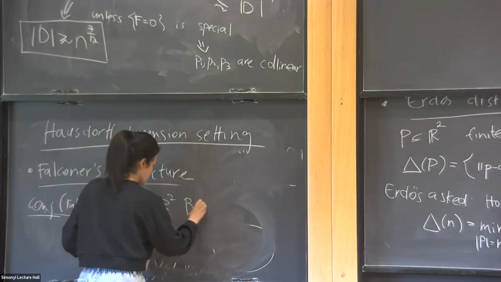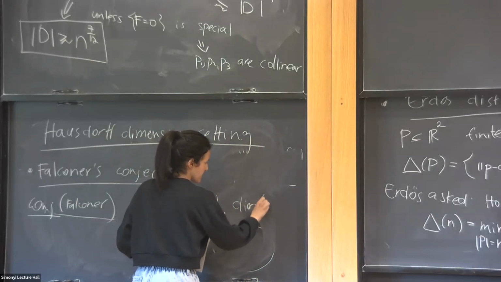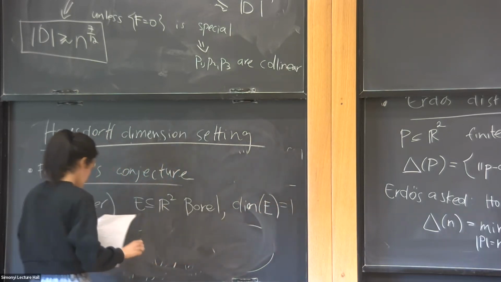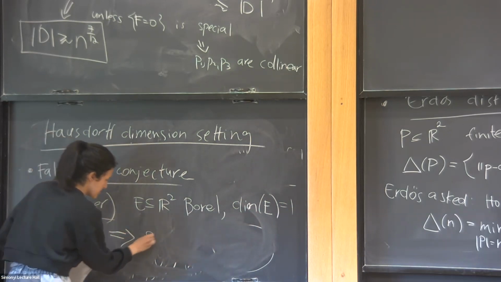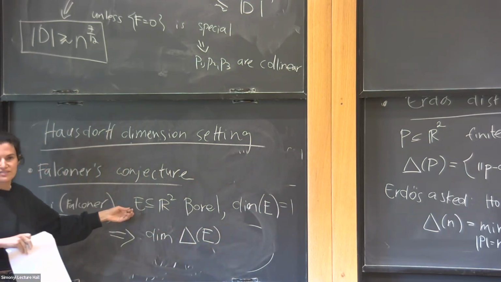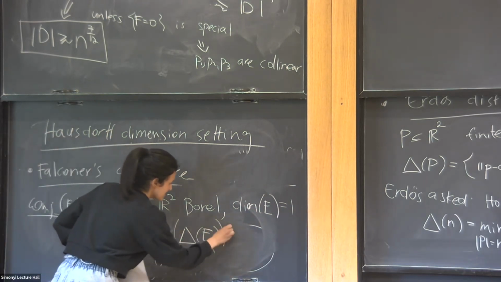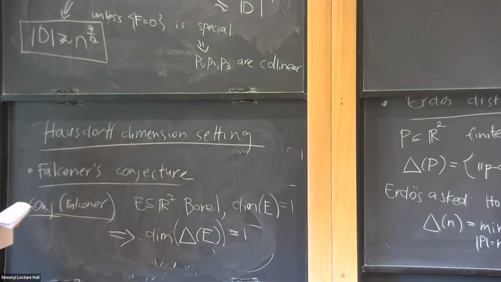It has Hausdorff dimension 1. Whenever I say dimension, I mean Hausdorff dimension. The conjecture asserts that the dimension of the set of distances, I just call the set here E instead of P, but it's the same thing, will have dimension 1. It's a conjecture. It's still open.